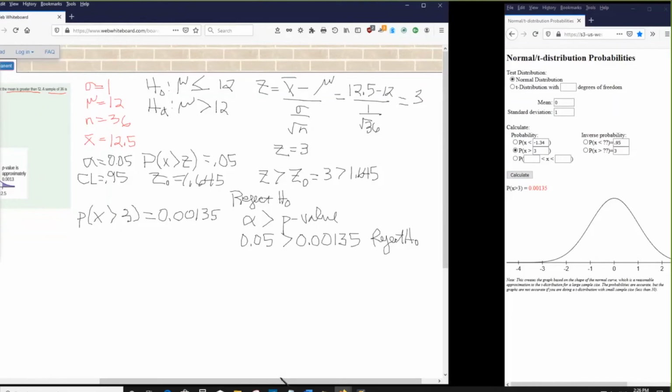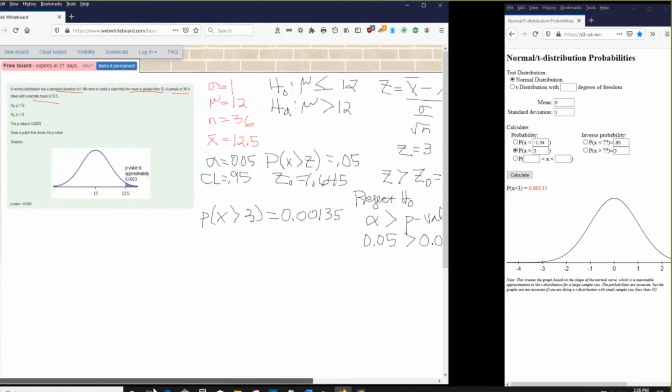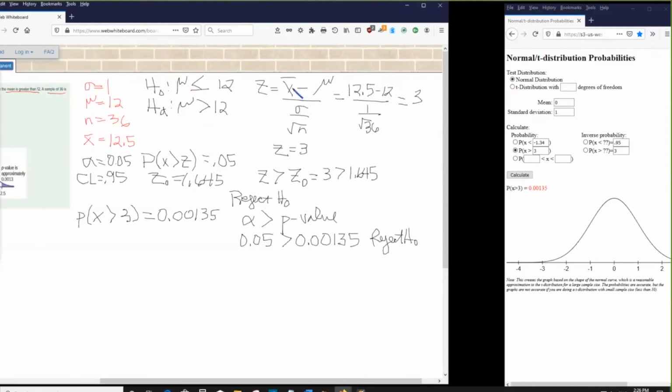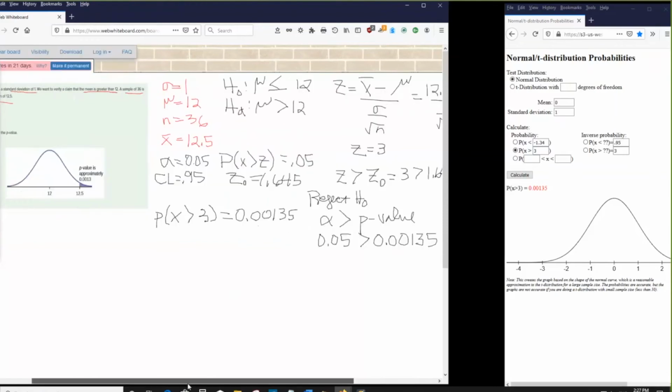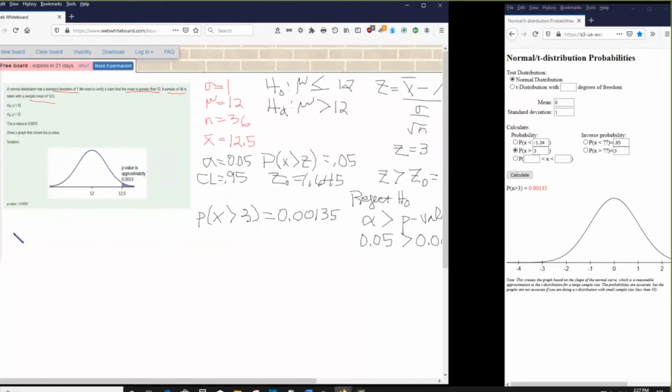Now, if you will notice, using the z-values and this formula is the official way to calculate your p-value because you're using the standard normal distribution. But you could also calculate your p-value another way. How did I do that?